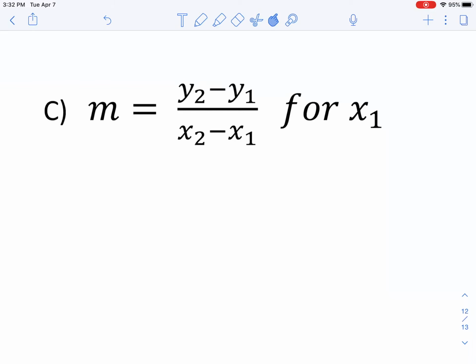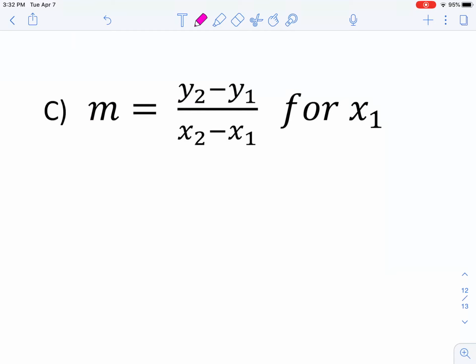We have one more together. We have m equals y sub 2 minus y sub 1 over x sub 2 minus x sub 1. So this is our slope equation. Here we want to try and isolate or solve for x sub 1. We have a rational equation here, so let's get rid of the denominator. Our LCD is the only denominator we have, x sub 2 minus x sub 1.